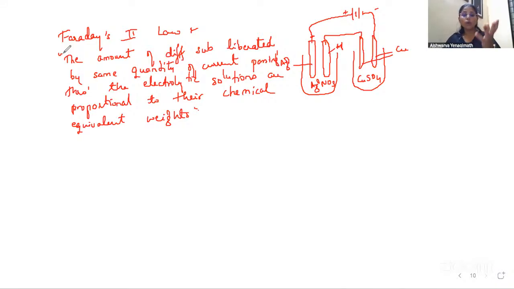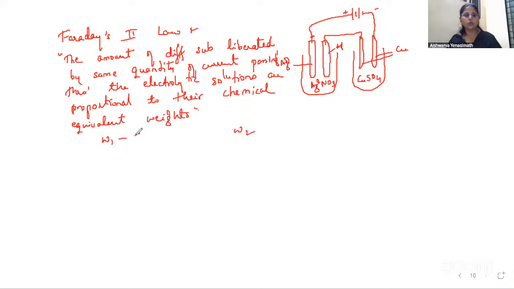This means how much copper or how much silver is getting deposited on the cathode will depend on their equivalent weight. Let me take copper first. Copper is depositing W1, and W2 I'll take with respect to silver.